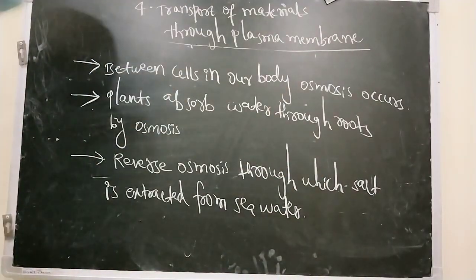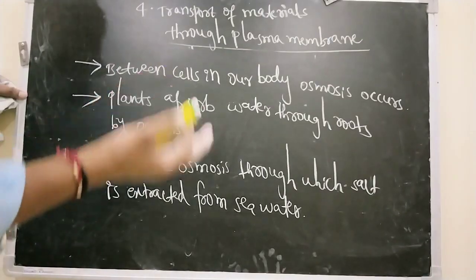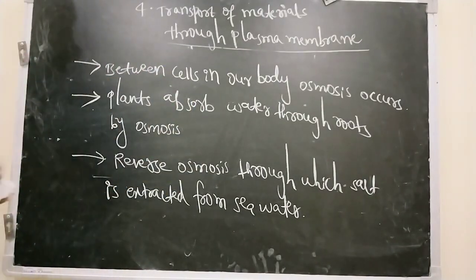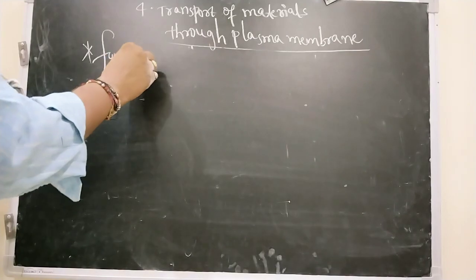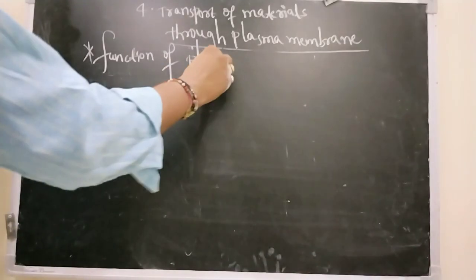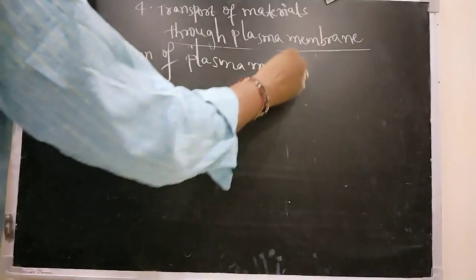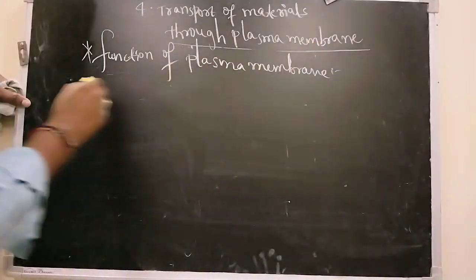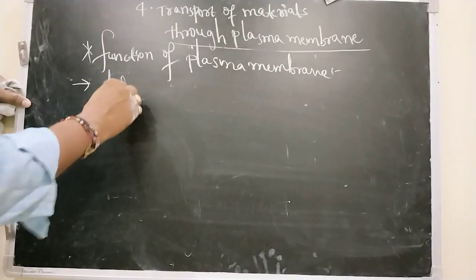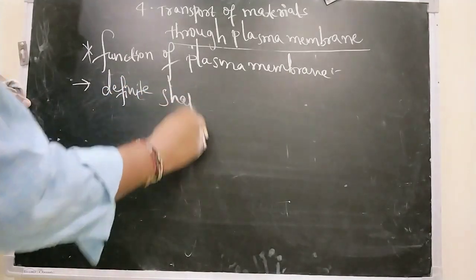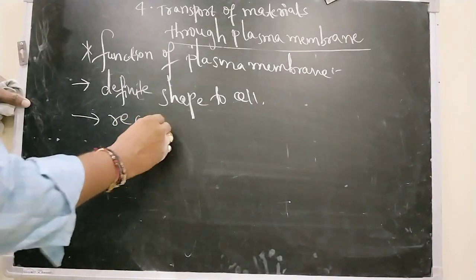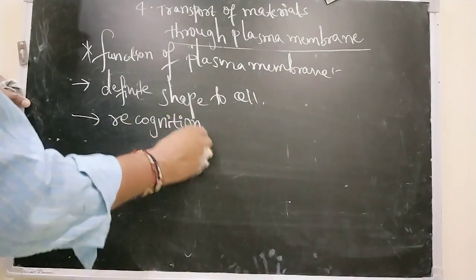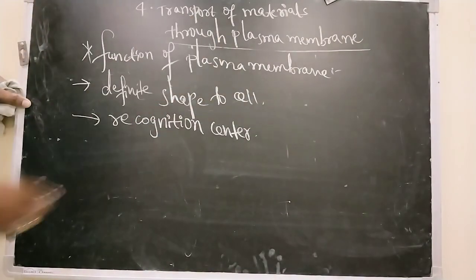So there are many functions of the plasma membrane. What are the different functions performed by the plasma membrane? We will write. Functions of plasma membrane or cell membrane. It gives definite shape to the cell. It acts as a recognition center for another cell to identify it.